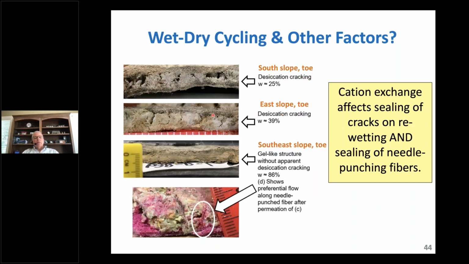East slope, toe, desiccation cracking as well, although it still had some swollen nature of that bentonite. You can see the cracks. Southeast toe, here it looks like no desiccation cracks, looks like gel, but when we permeated it, we found that the flow was occurring through the needle punching fibers. So even so, it was still retaining some gel type structure. Its ability to swell up and seal the fibers was no longer effective.